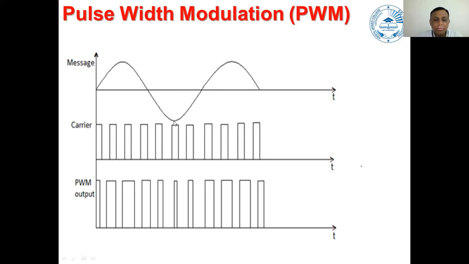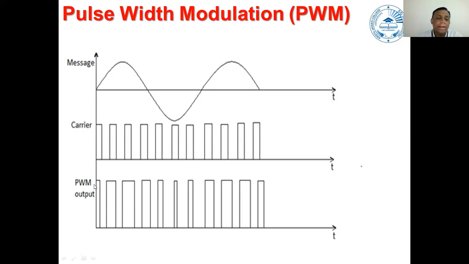Here, the modulating voltage is at the minimum, the negative maximum, so we can consider it as the minimum value. Therefore, the width is also minimum. Again, when the modulating voltage increases, the width also increases. This type of modulation we call pulse width modulation.